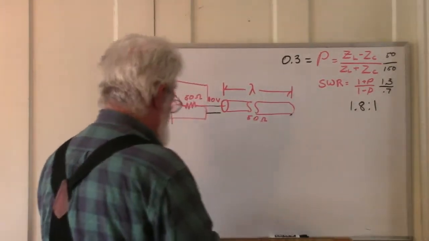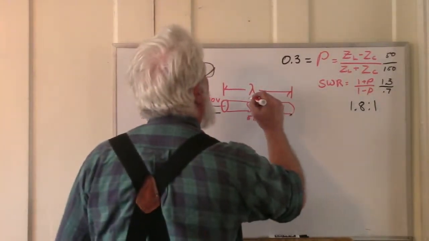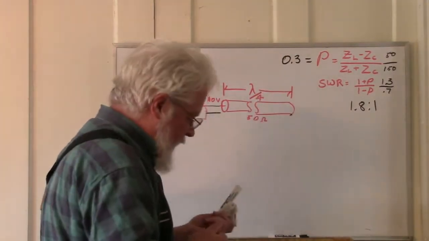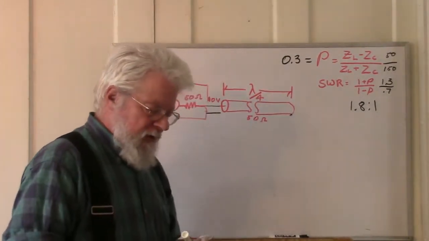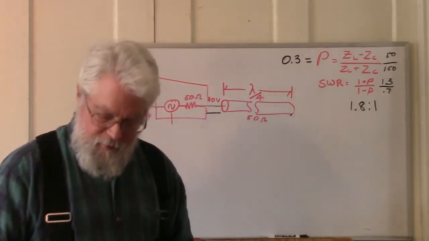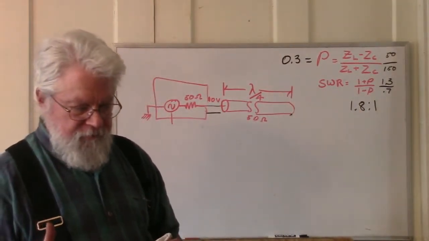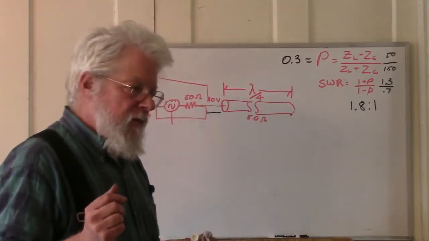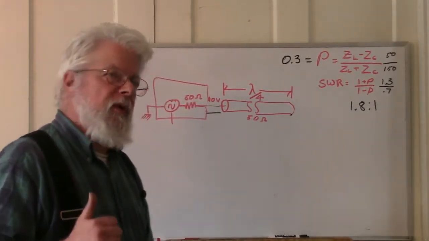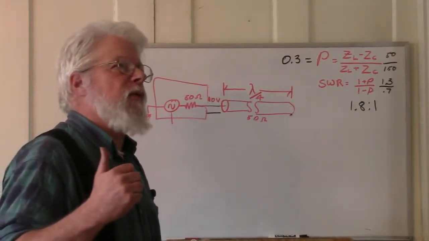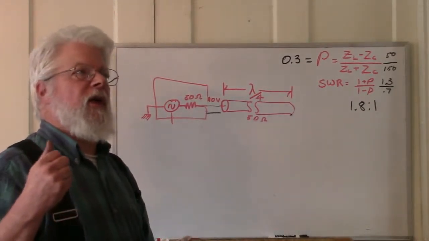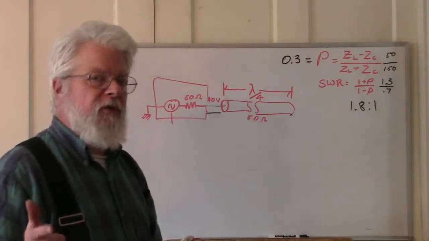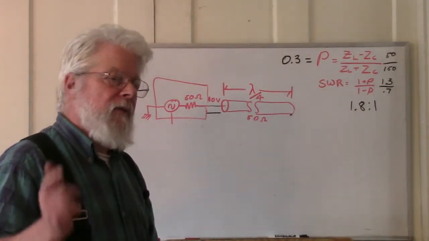So let's do a quarter wave line. Now this is a special case. Quarter wave lines have always been used in radio work for impedance matching, for canceling signals, for use as filters, because they have a very interesting characteristic.